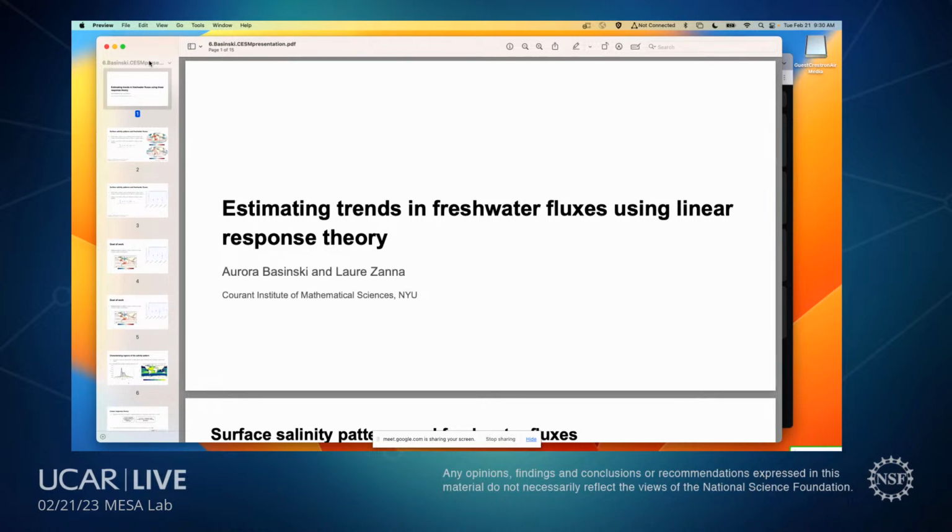Aurora, can we stop sharing our screen so that they can try? That sounds good. Okay, it looks like we're still sharing our screen. Should I be doing something down here?